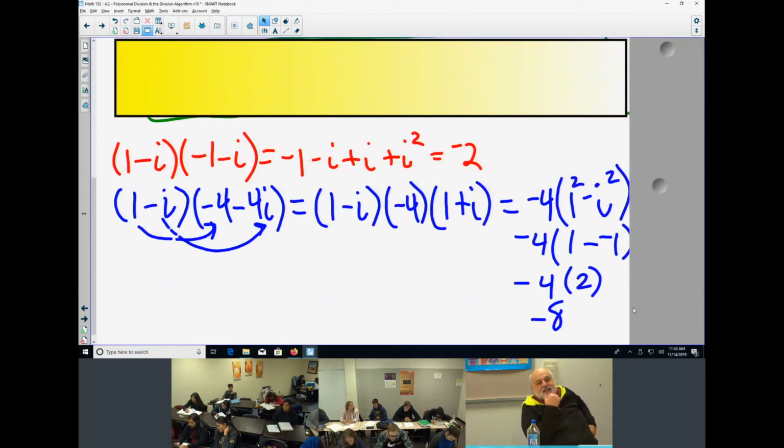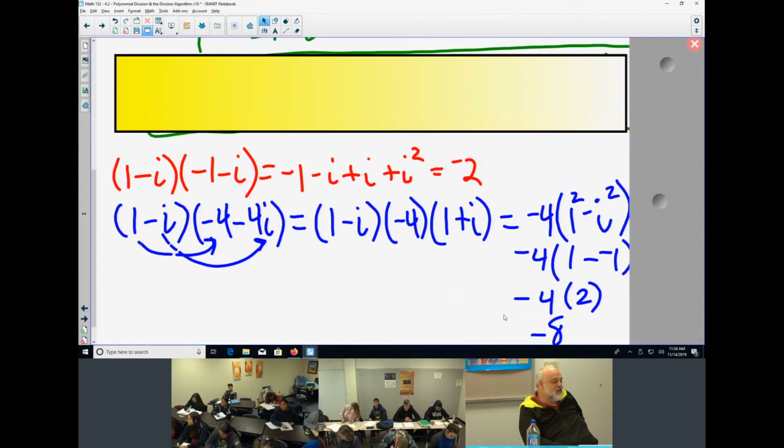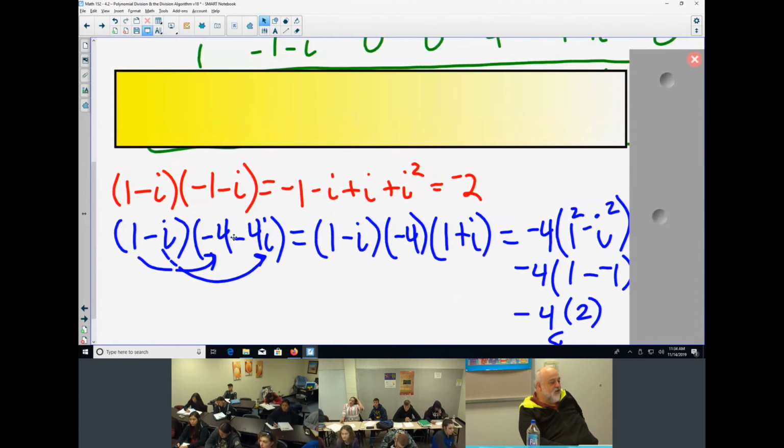Did anybody see a shortcut to multiplying those two together? I obviously didn't see the shortcut until now as I'm teaching you guys. See, I realized that negative 4 minus 4i is just 4 times this, negative 1 minus i.